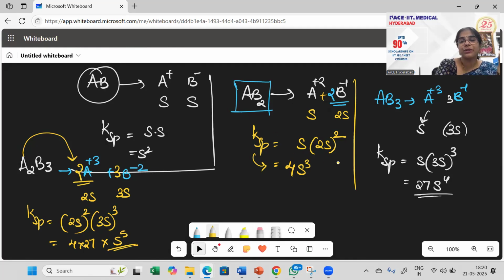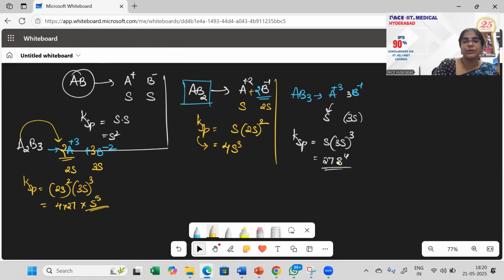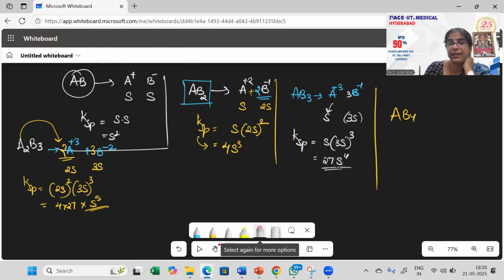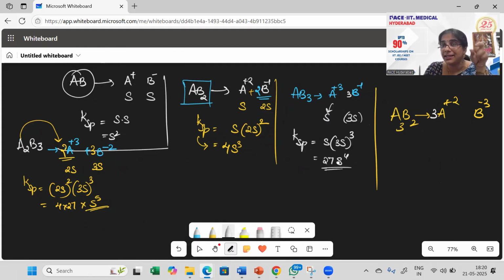So this is how we generally go up with it, or in case you wish to go with any other one also, let's go with that. A3B2, let's go. What will A3B2 be? A plus 2 ions and then B minus 3 ions. How many of A plus 2 ions do we have? 3 such. Do you see this? A3 is visible.